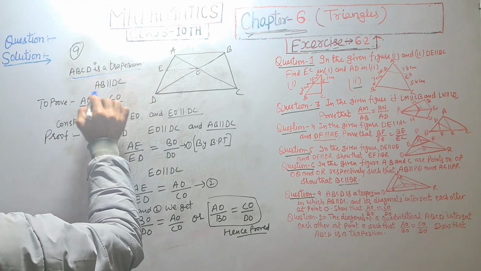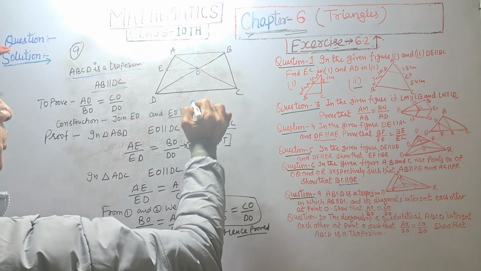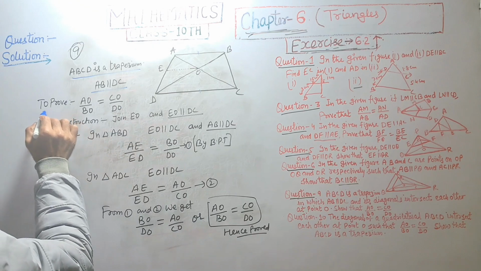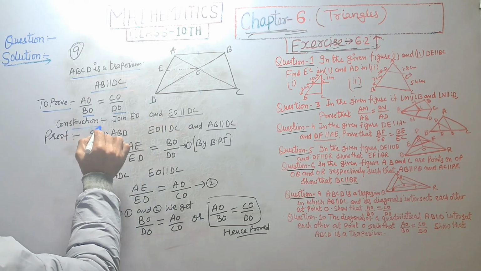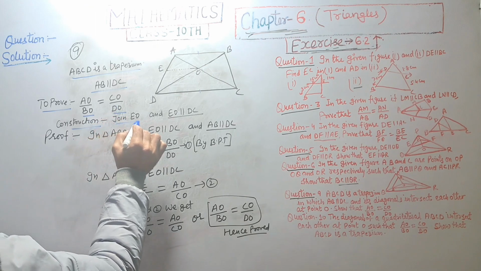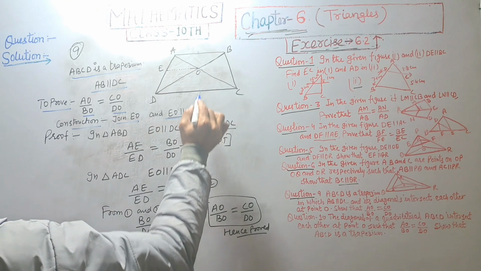ABCD is a trapezium in which AB is parallel to DC, and we want to prove AO upon BO equal to CO upon DO. Construction: join EO, and EO is parallel to DC.